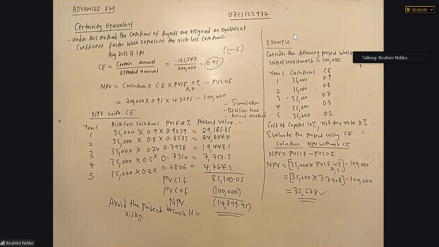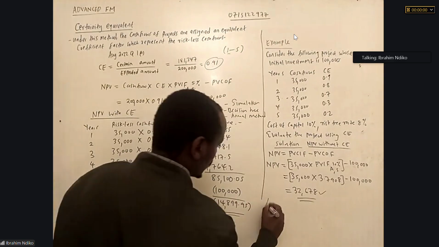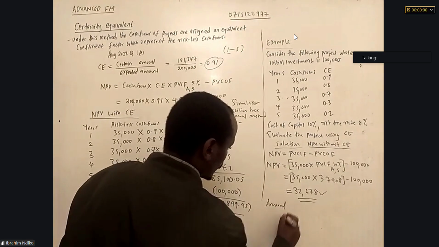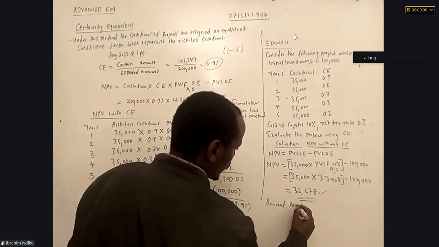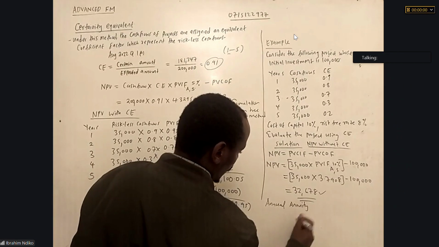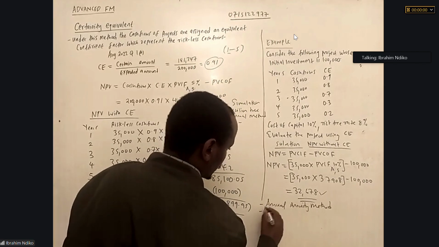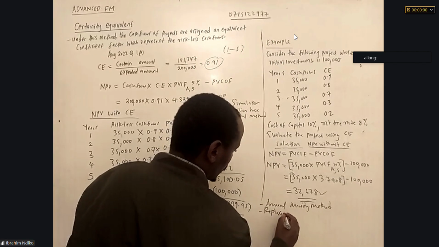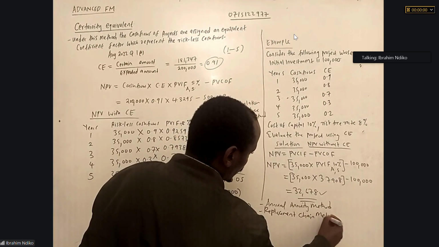Equivalent annual annuity method, replacement chain method.